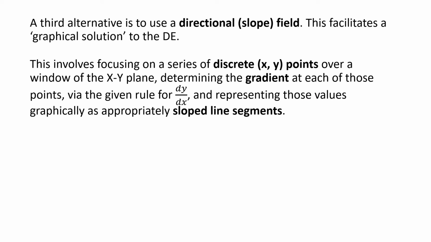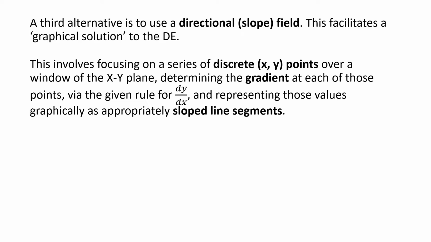Okay guys, a third alternative is to use a directional field or a slope field, facilitating a graphical solution as opposed to an analytical or algebraic solution. Now, what is a slope field, which is the focus of our vodcast today?